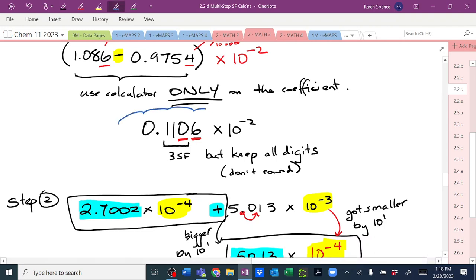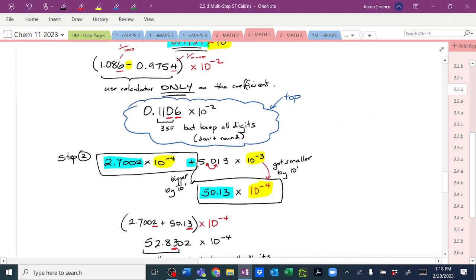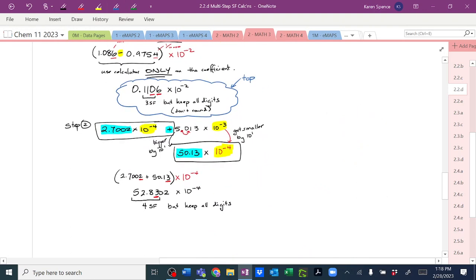This number up here, that was the top of our calculation. So I'm going to rewrite that number again. Okay, actually maybe I can make it small so you can see everything at once. So I have the top, which is 0.1106 times 10 to the negative 2, that's on the top.